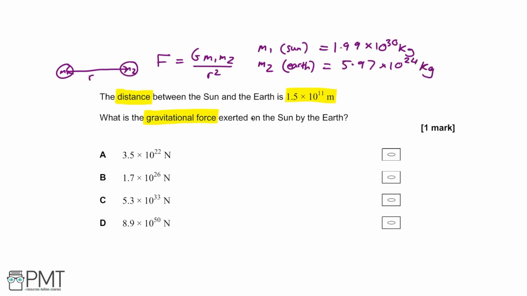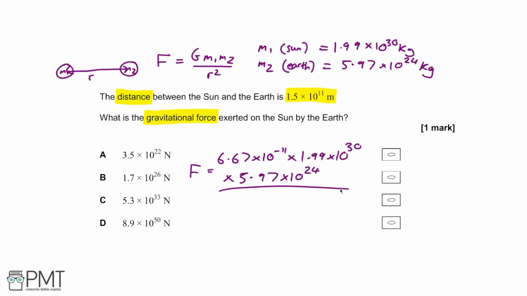Plugging those values and the distance that we've been given into the equation for the force, we do the calculation as F is equal to 6.67 times 10 to the minus 11 multiplied by 1.99 times 10 to the 30 multiplied by 5.97 times 10 to the 24, and that's all over 1.5 times 10 to the 11, all squared.